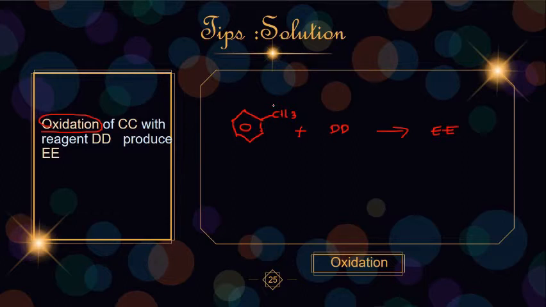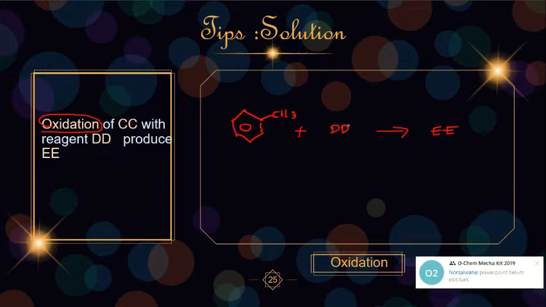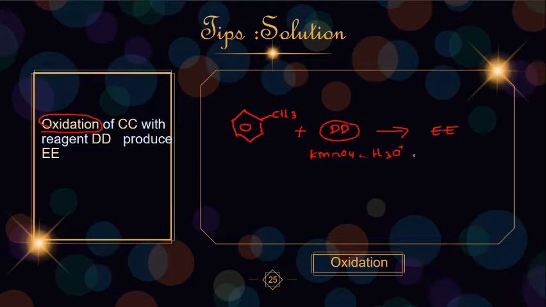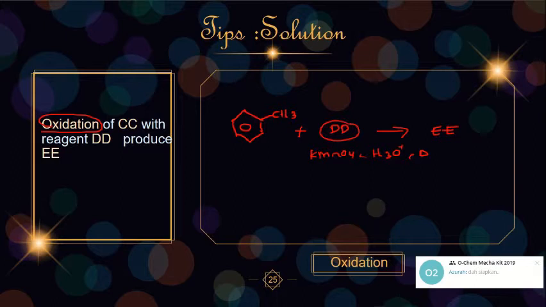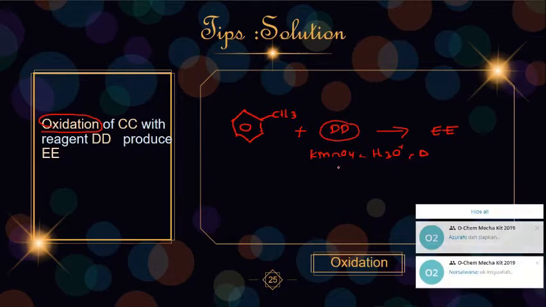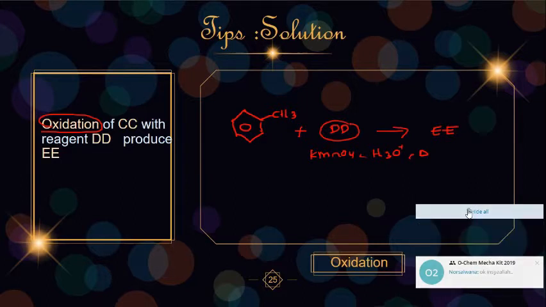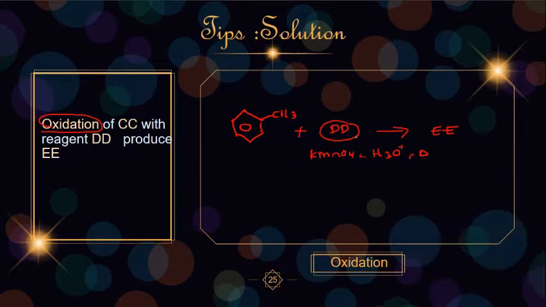So oxidation of alkyl benzene menggunakan apa? Okay, you boleh pakai kat sini, barangkali DD adalah KMnO4, H3O+, and heating. Okay, ataupun you boleh pakai K2Cr2O7, and heating. Okay, so ini DD.